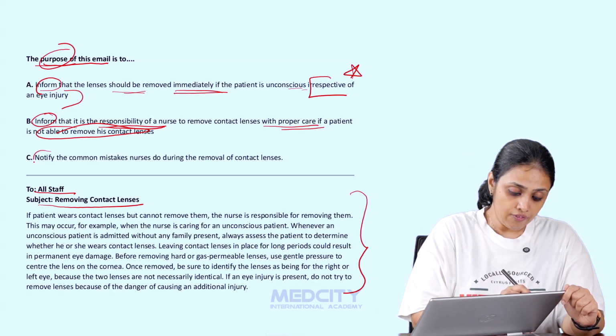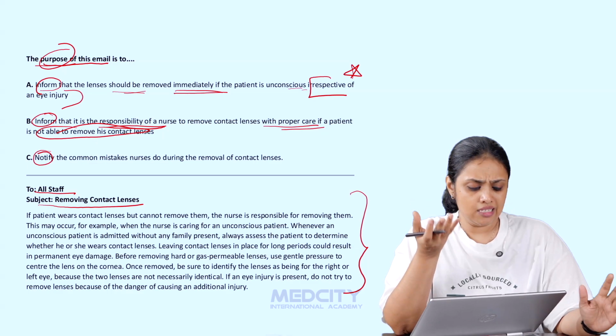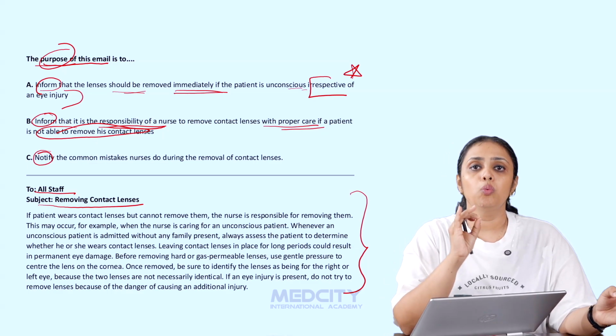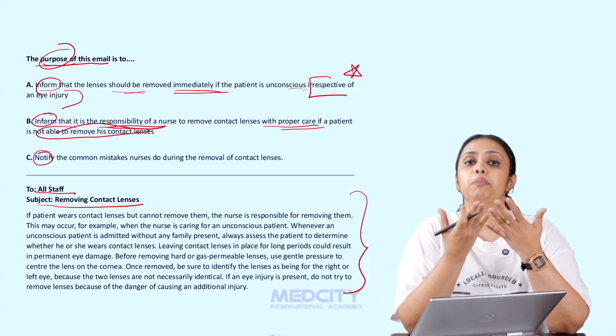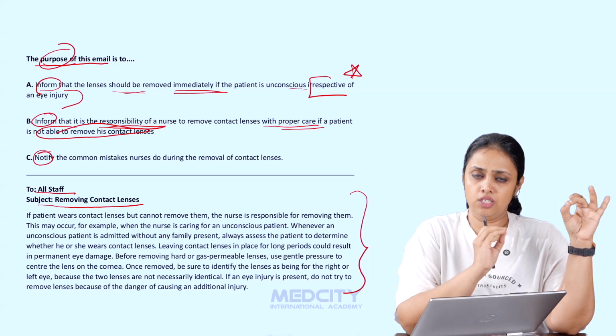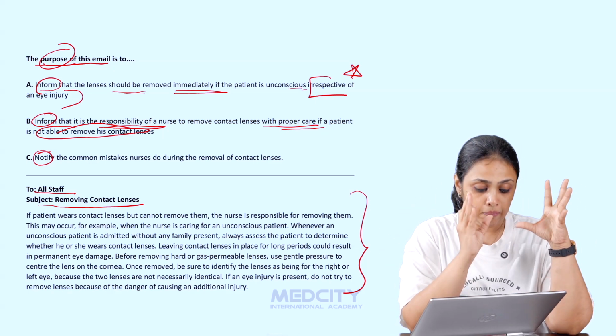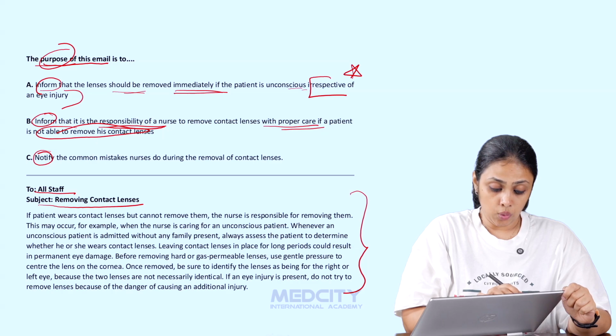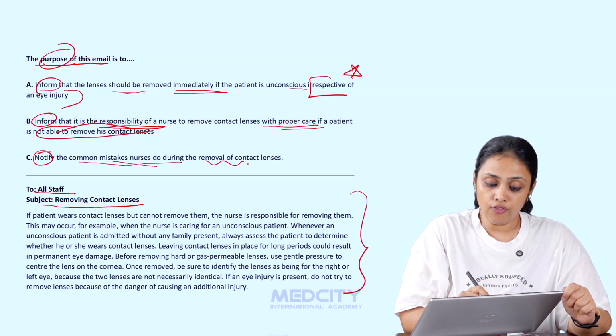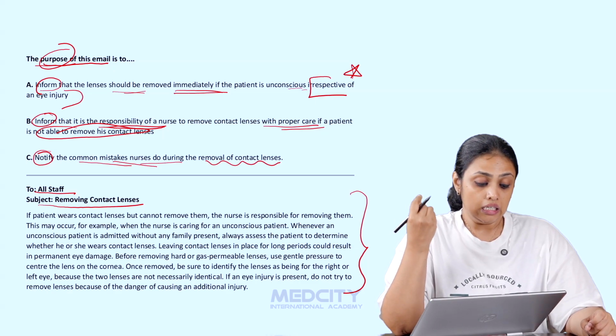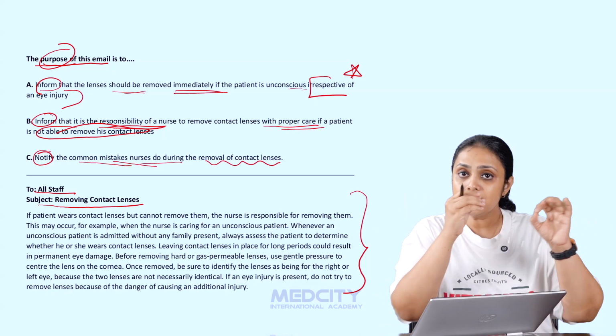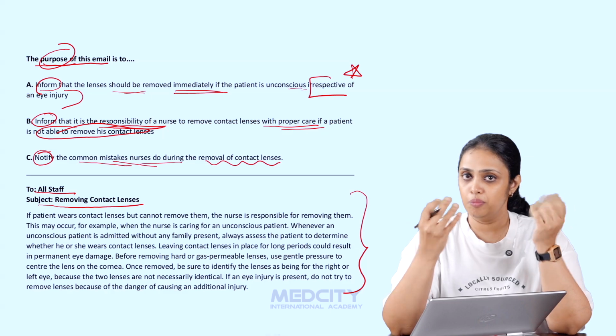Then notify. Notify means it's more or less like informing, just letting know what something has happened. Informing means explaining about something. Notifying means just letting them know so and so has happened. Now, what is being notified? Common mistakes nurses do during removal of contact lenses. Is it to let all the staff know these are the mistakes that nurses make during removing the contact lenses?